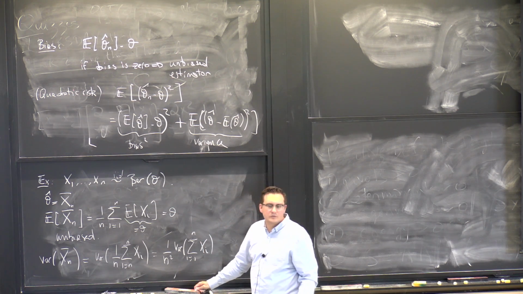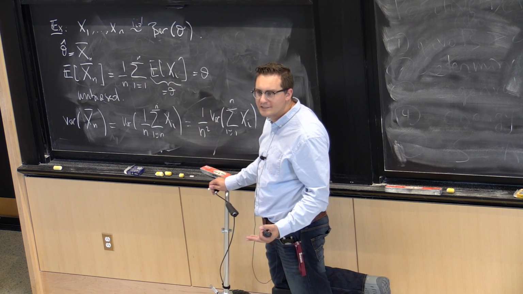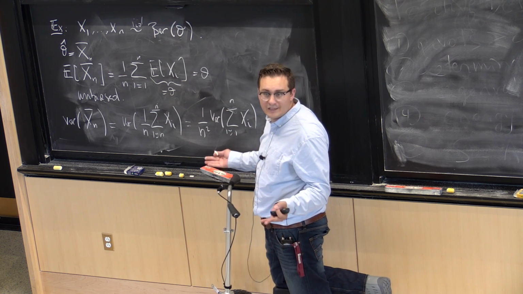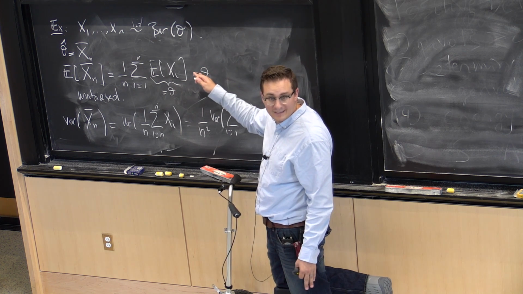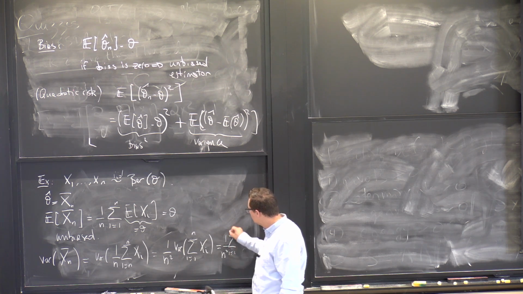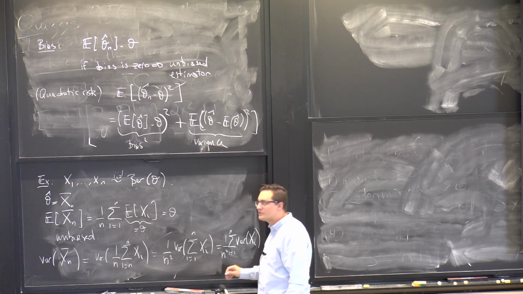So now we want to do what we always want to do, right? We have the variance of the sum. We would like somehow to say that this is the sum of the variances. And in general, we're not allowed to say that, but we are because my xi's are actually independent. Right? So this is actually equal to 1 over n squared, sum from i equal 1 to n of the variance of each of the xi.